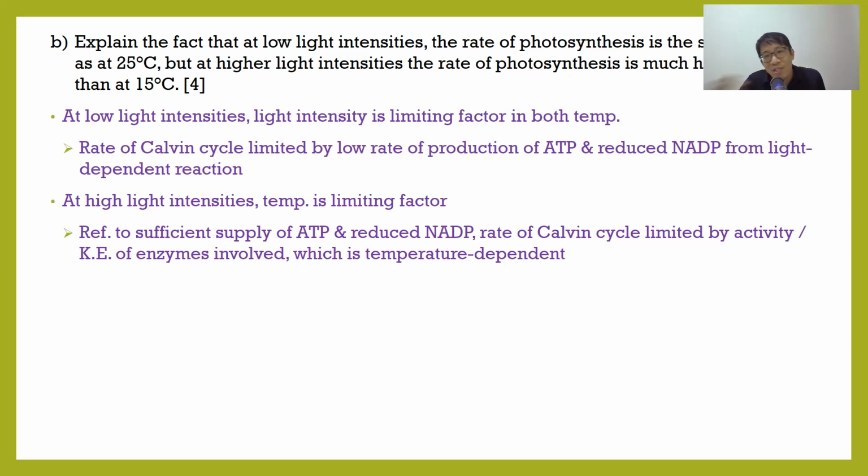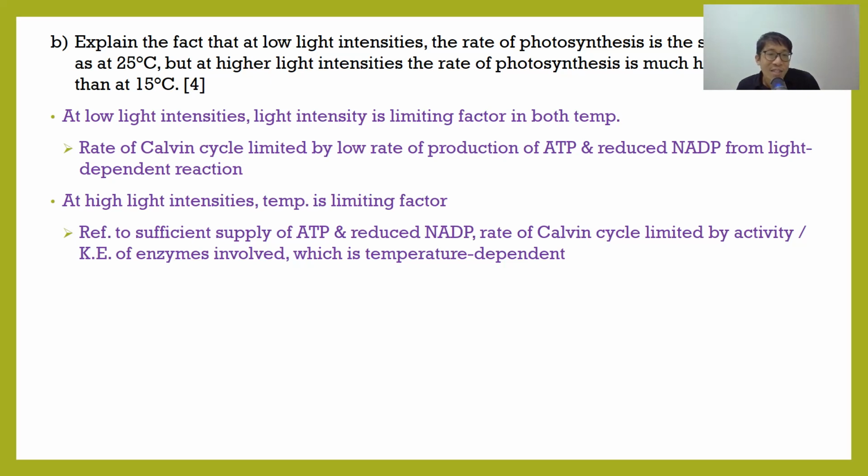That's why in the answer for high light intensity, it is important to mention that there is sufficient supply of ATP and reduced NADP, so that it shows, as a comparison, that light intensity is not the limiting factor here.